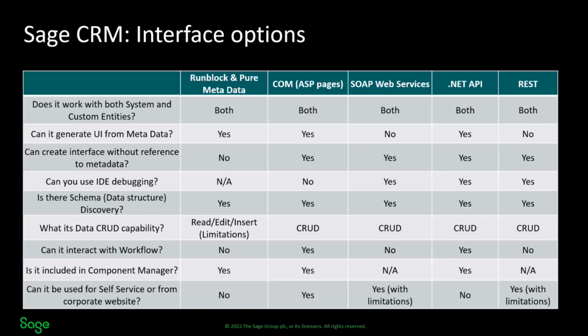It's very, very good on reading information, not so great on, certainly not on delete, and not so great on insert and edit. You can run into problems, especially if you're dealing with a complex structure within the interface.